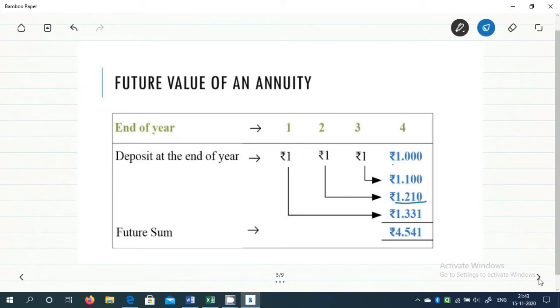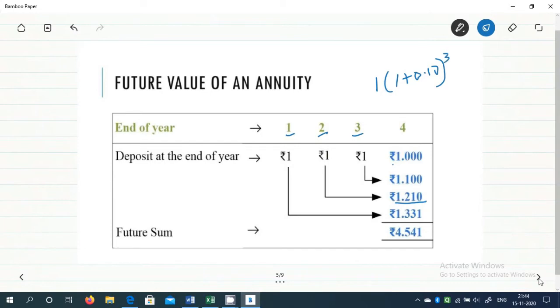Here P is 1 and 1 plus I is 0.10 to the power 2, so I can find 1.210. For 3 years he has accumulated interest for the first, second and third year. How much will it be? 1 into 1 plus 0.10 to the power 3.